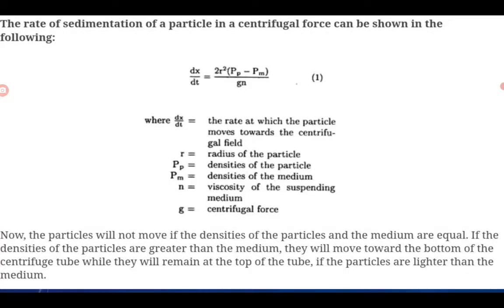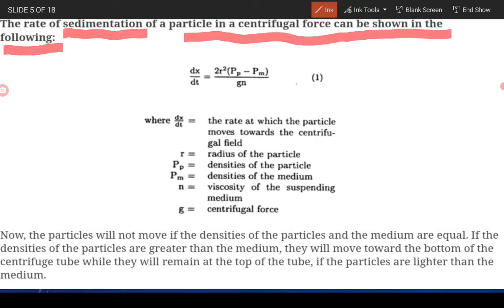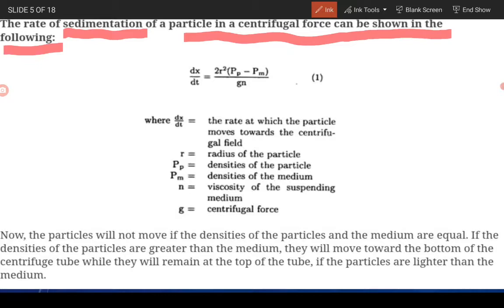So we have been talking about the sedimentation rate, and here is the formula for that. The rate of sedimentation of a particle in a centrifugal field can be shown in the following way. dx/dt is the rate at which the particle moves in the centrifugal field, right?